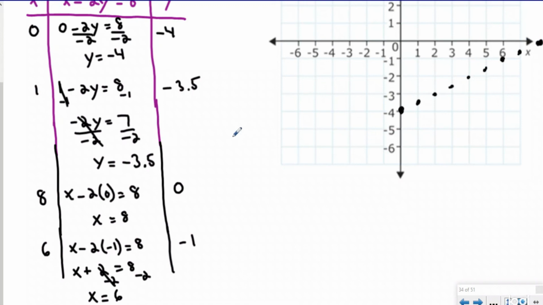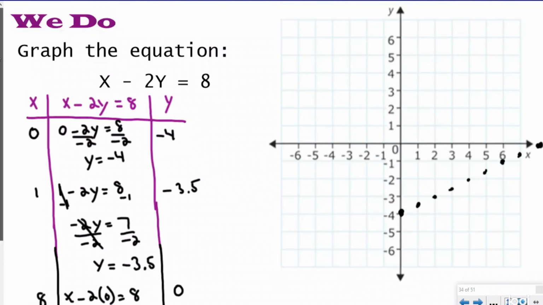And so I can see right here that my slope is going to be positive, right? And so I'm going up a half for every one that I'm going over. So that's how we graph a linear equation using an ordered pair chart.